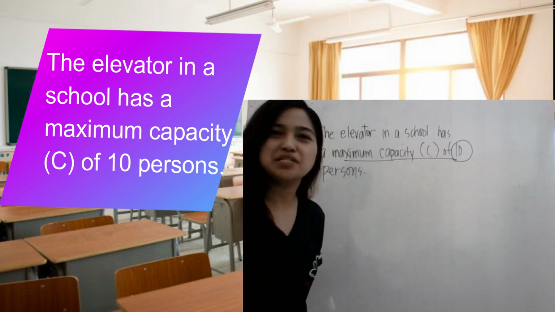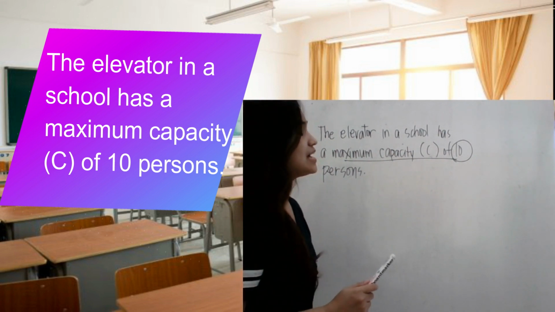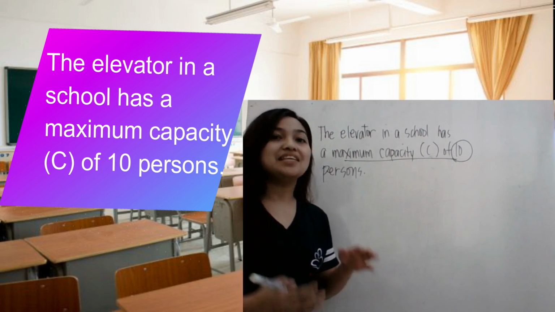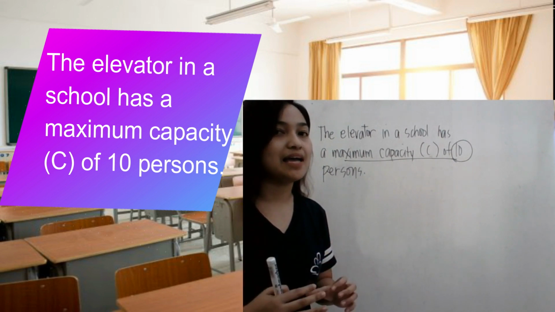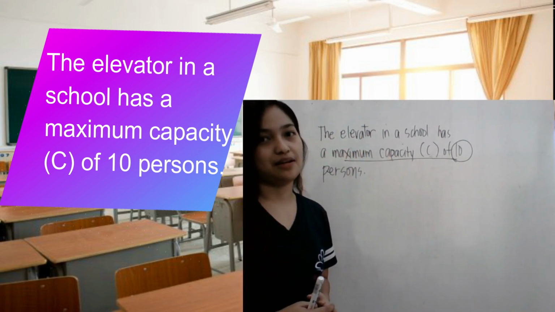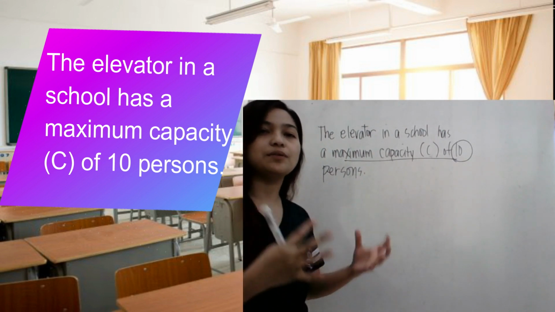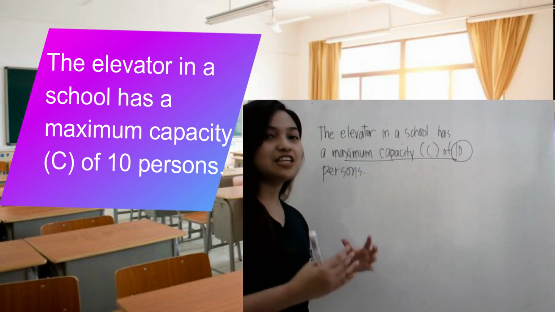Ano ba ibig sabihin kapag maximum? Ang ibig sabihin ng class, ang pinaka-limit na pwedeng sumakay sa ating elevator ay 10 lamang. So, kung siya ay magiging 11 persons, 12 persons, hindi na siya pwede.